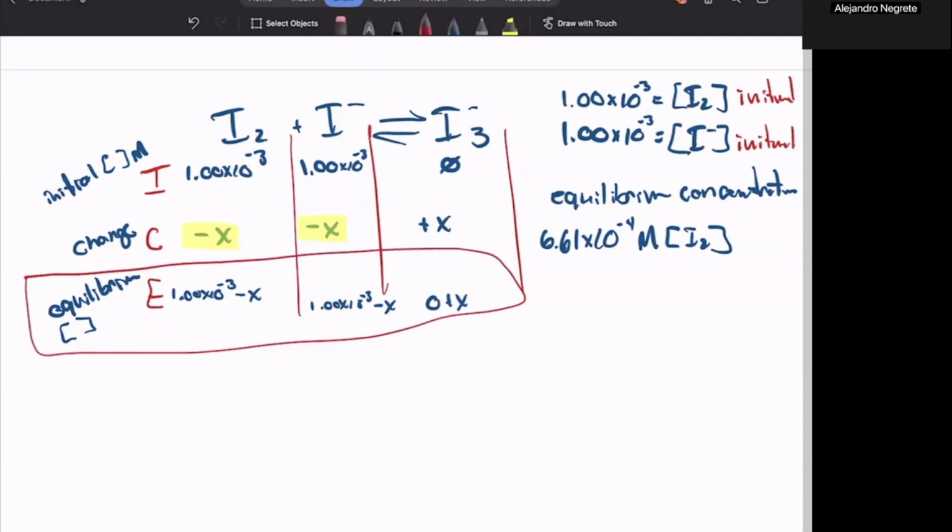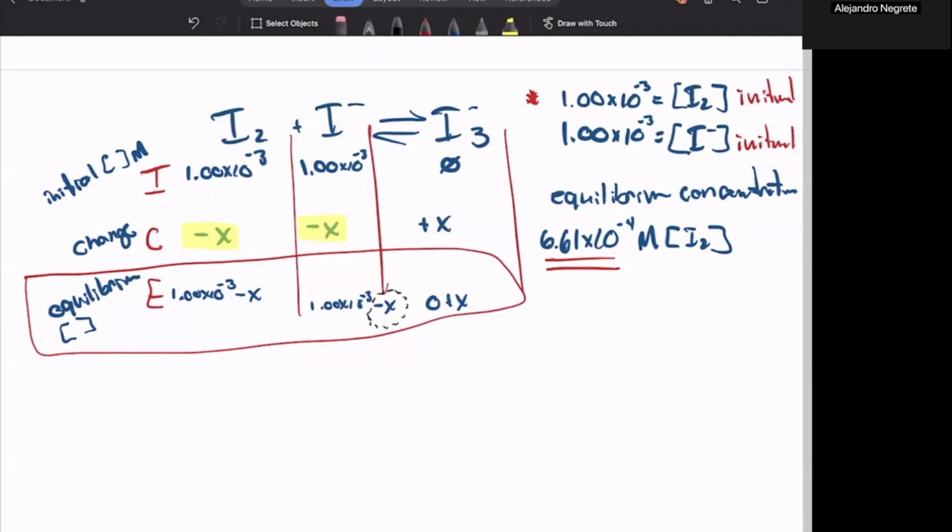So in order to figure out what X is, if I know what the initial concentration is, and I know what the equilibrium concentration is, that will help us find out what X is.